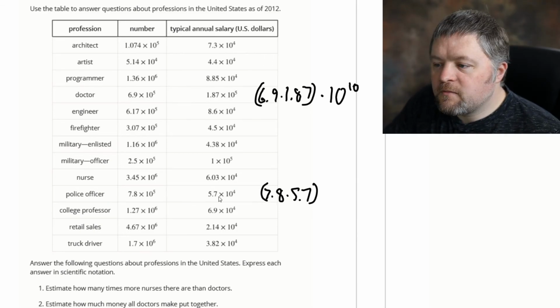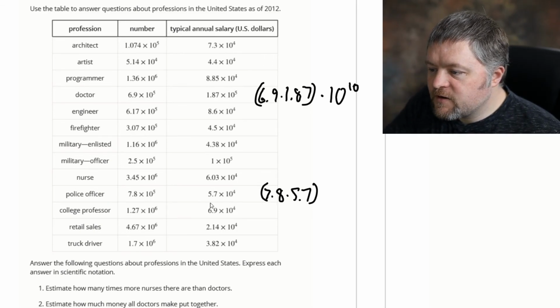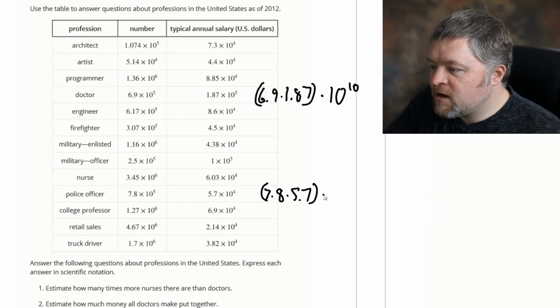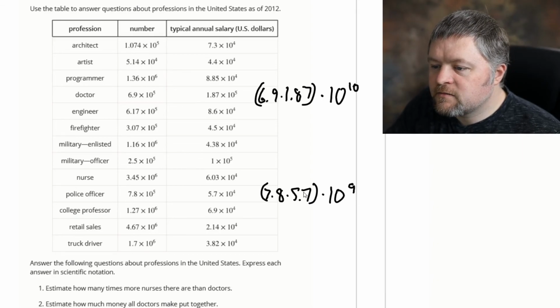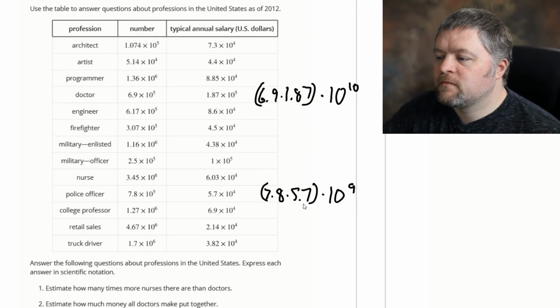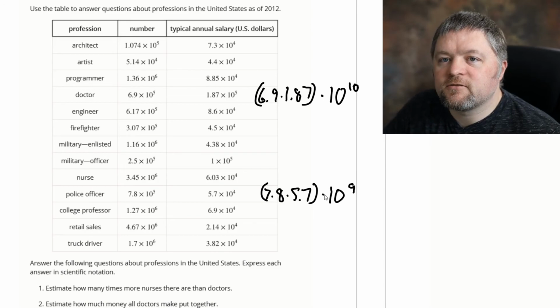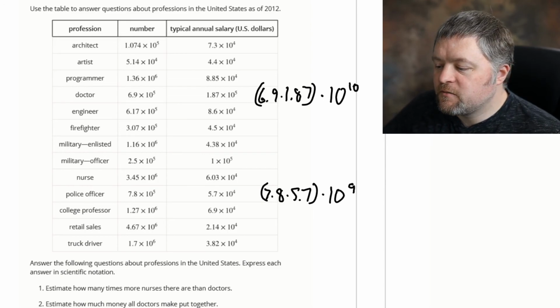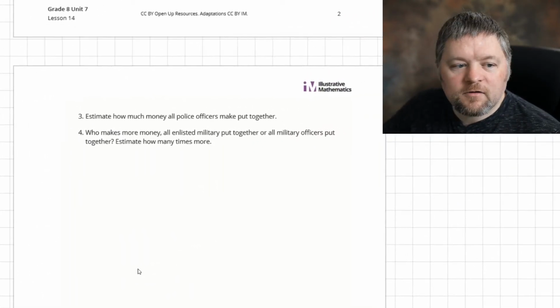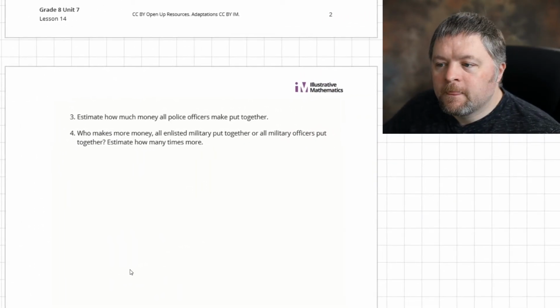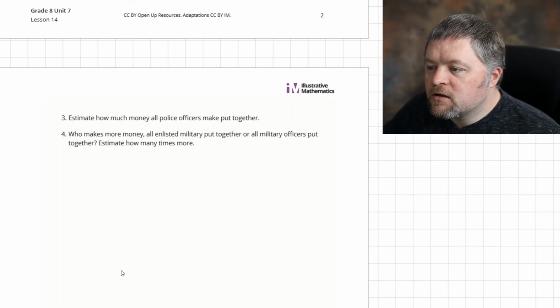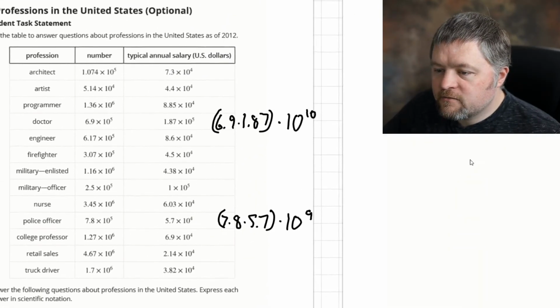You can do that multiplication yourself. 10 to the 5 times 10 to the 4. 5 plus 4 is 9 times 10 to the power of 9. So that is the total salary of all police officers put together. Now, our last question is, who makes more money? All enlisted military put together, or all military officers put together?